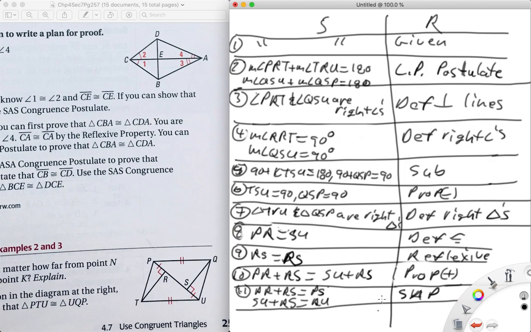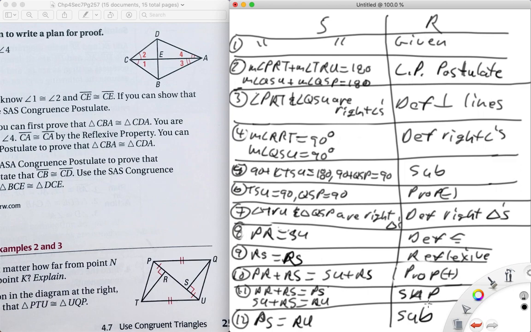Okay. Alright, so then we've established that. So then we have information to say that PS is equal to RU, and that's going to be substitution.